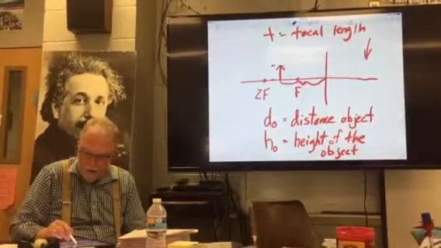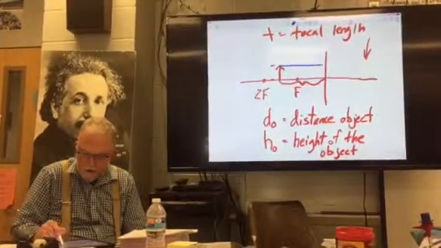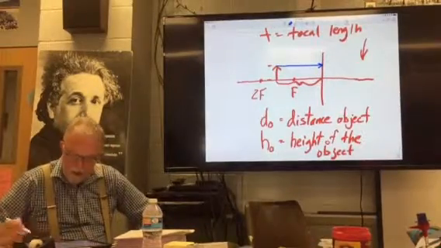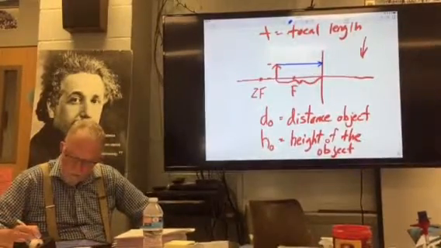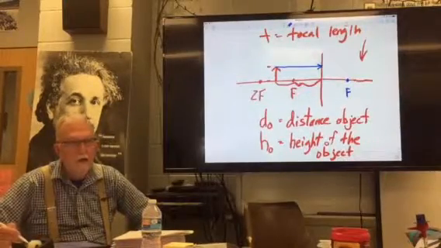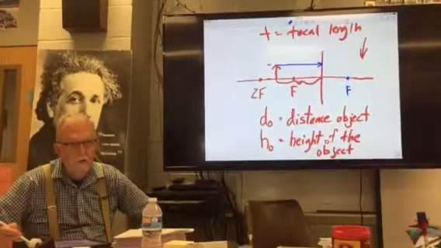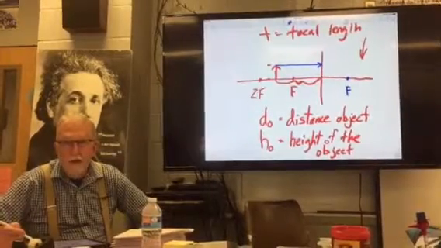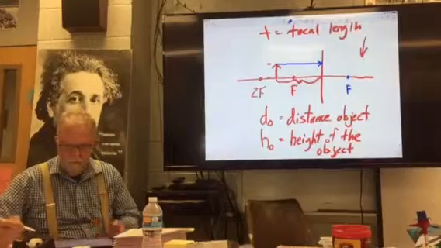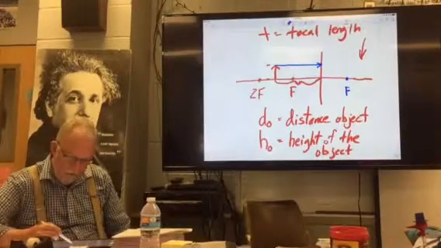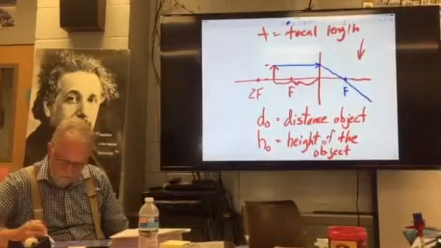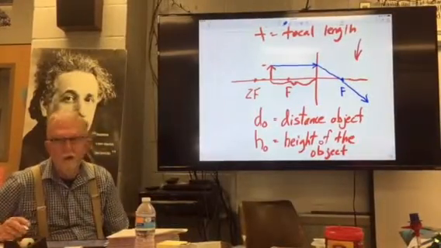It goes parallel to the principal axis, and when it hits the lens, it will bend, right? And it will bend where? Through the focal point every time, out to infinity.